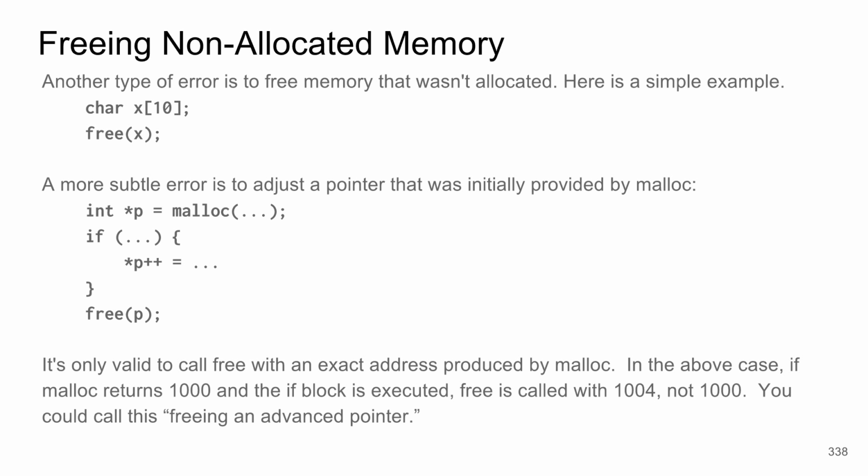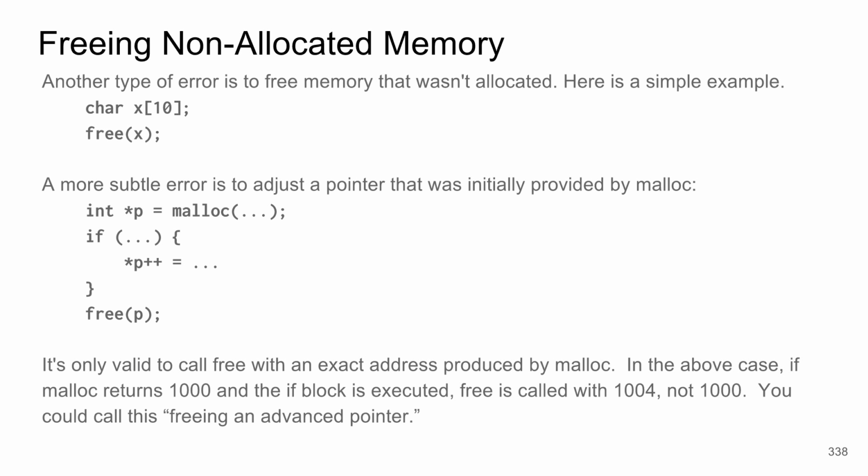So again, it's only valid to call free with an exact address produced by malloc. In the above case, if malloc returns 1000 and the block is executed, free is called with 1004, not the address 1000. You could call this freeing an advanced pointer. That might be a better way to put it. Does everybody see that?